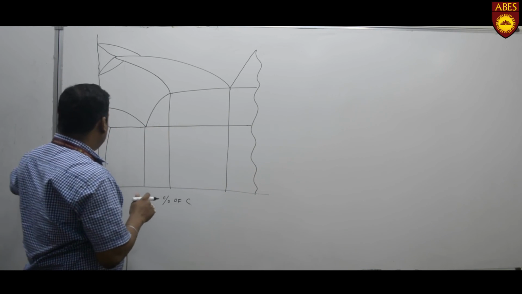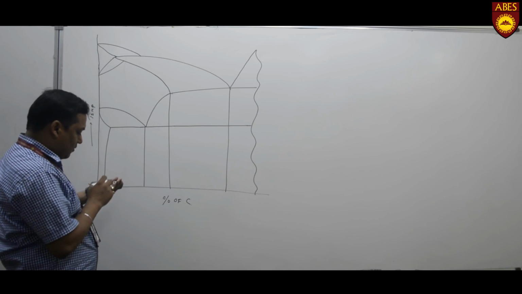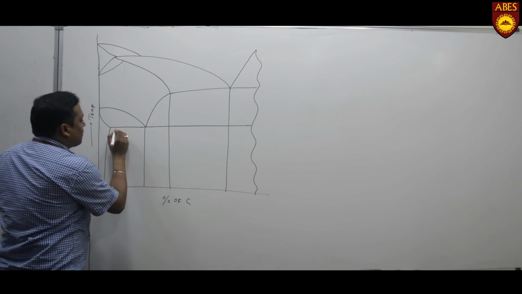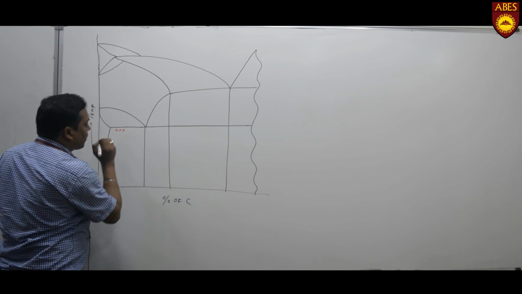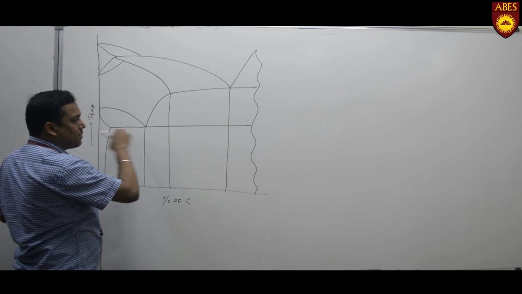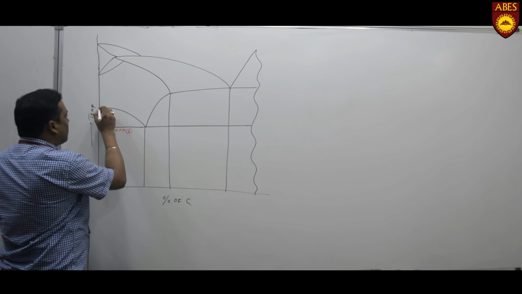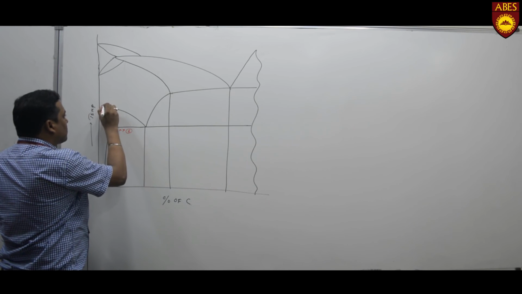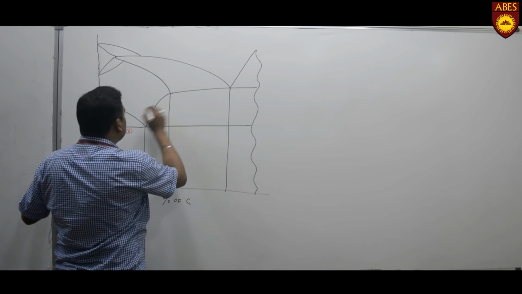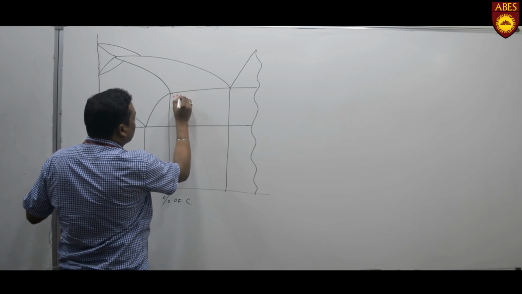So let's start. On the left hand side, these are the denoted points of the temperature. First of all we have to identify the temperature sections. This is section number 1, the crossing mark of the red line, denoted on the horizontal line. First is temperature number 1. Second temperature is that point, denoted as number 2. Third temperature must be higher than this one, so it is denoted as number 3.